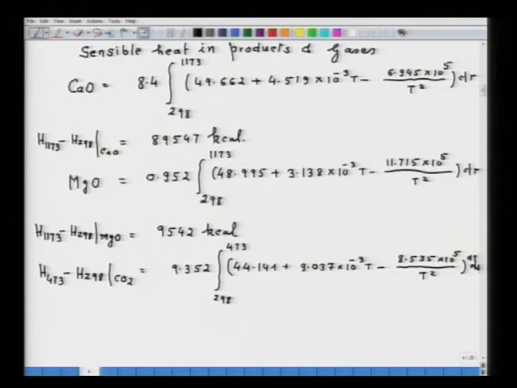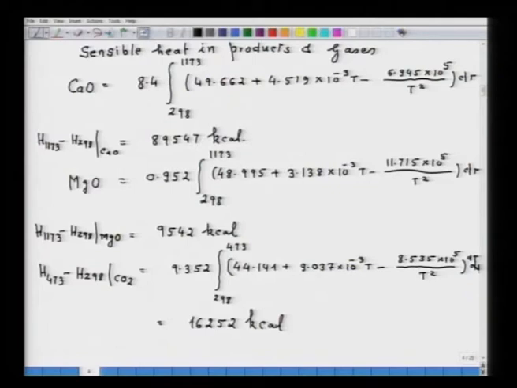So, this value is coming 16,252 kilocalorie.